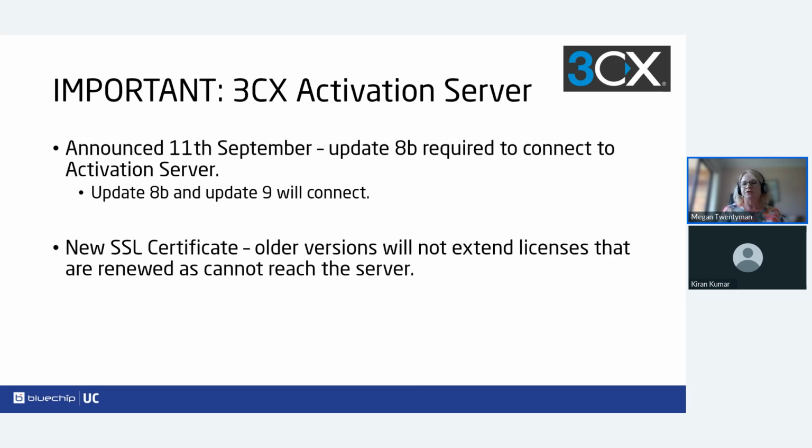So very, very important that you ensure your customers are on update 8B or update 9, ready to be able to do that. So you don't want to have to rebuild systems over the holiday break because you've renewed the licenses and then it doesn't actually work. So that is the key reason that I'm really pushing that messaging, because it is catching people out.